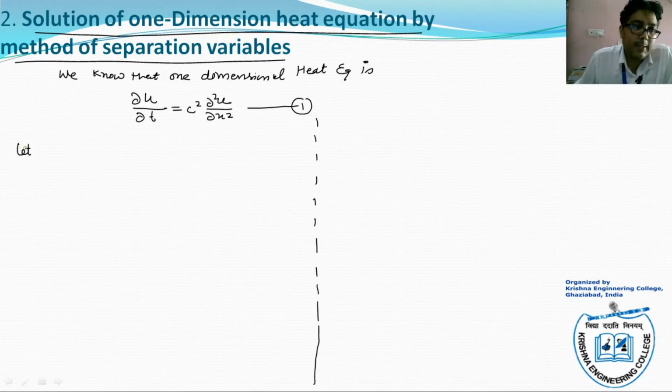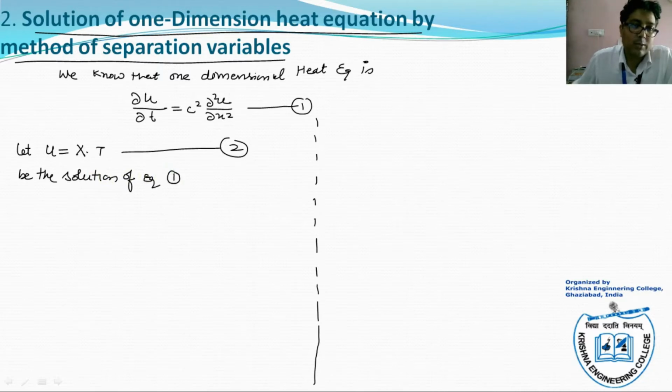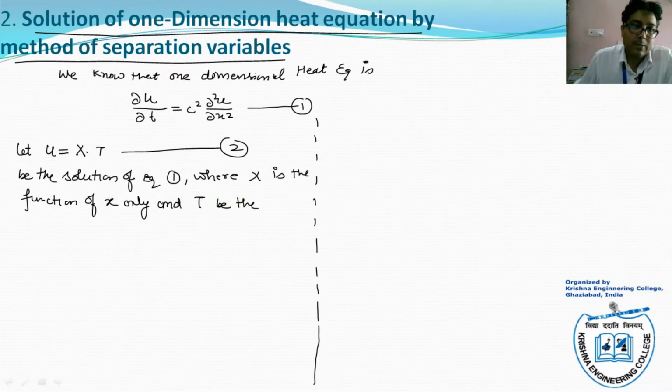So let us take u is the product of two functions, capital X into capital T, be the solution of equation first, where capital X is the function of small x only and capital T be the function of small t only.